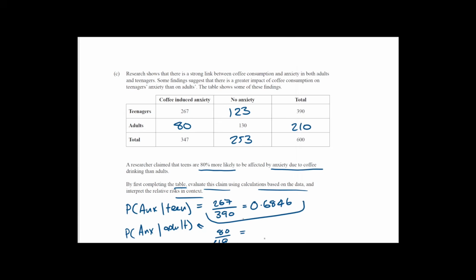Okay, so we see that there is a different rate here. There is a different relative risk, and it is greater in teenagers. So that's good for a start. Now we need to evaluate this claim that they're 80% more likely.